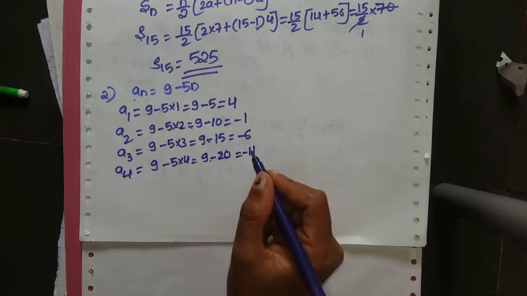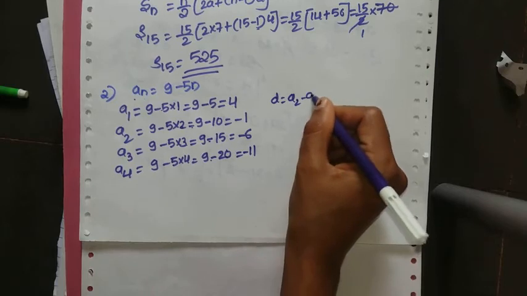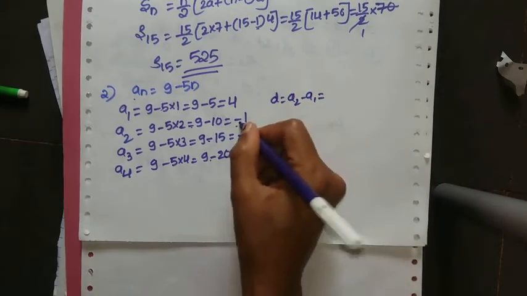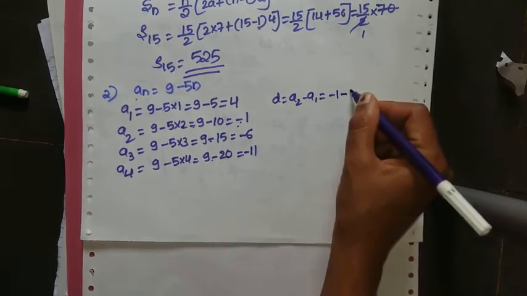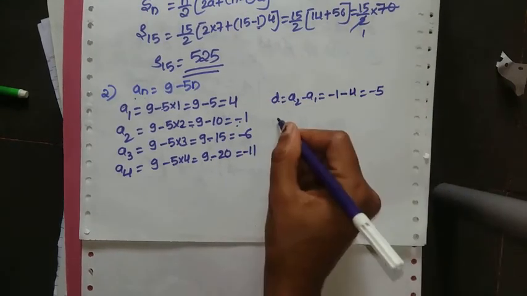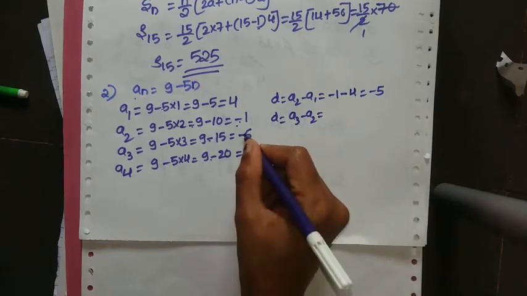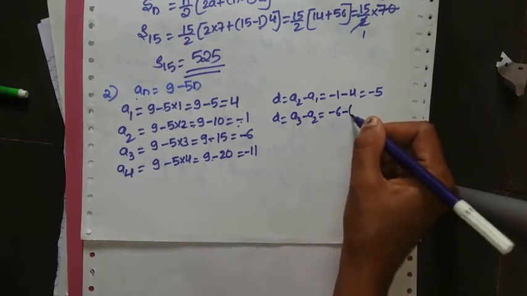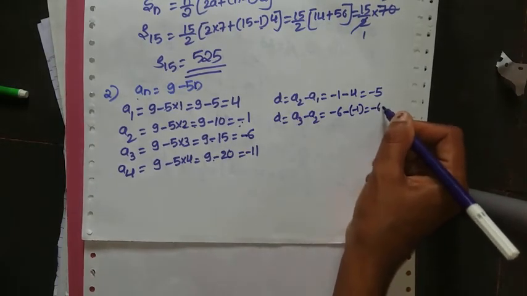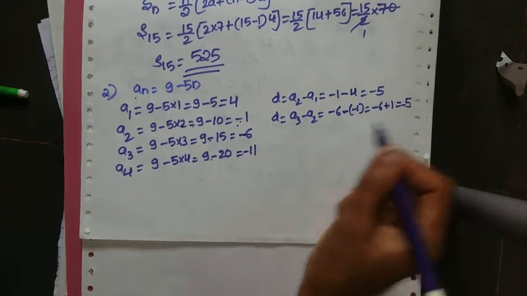Here we need to find out d. d is a2 minus a1, a2 is minus 1 minus a1 which is 4, this is minus 5. Again d, a3 minus a2, a3 is minus 6 minus a2 which is minus 1, equals minus 6 plus 1, again minus 5.